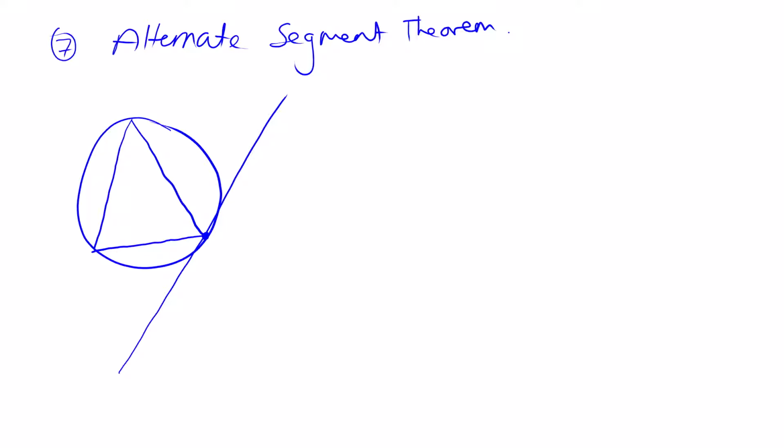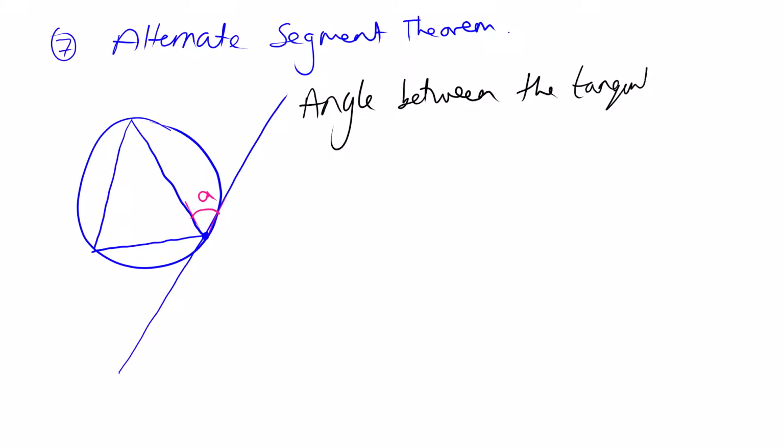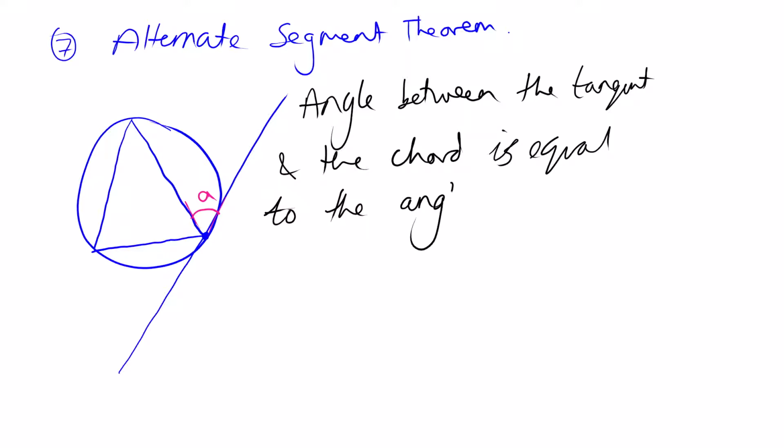I'm going to call this angle here between this chord and the tangent A. The alternate segment theorem says that the angle between the tangent and the chord is equal to the angle in the alternate segment.